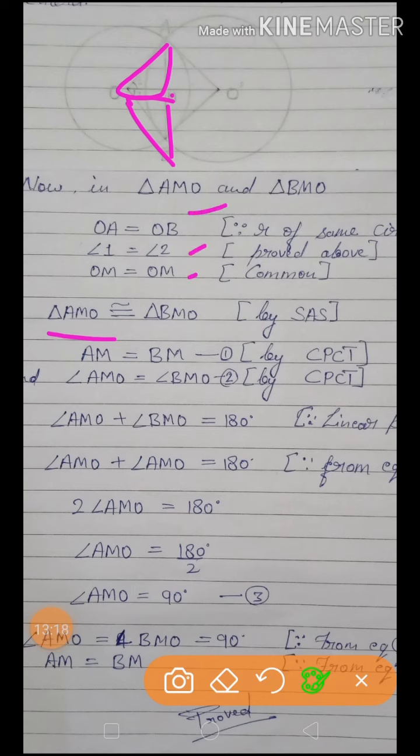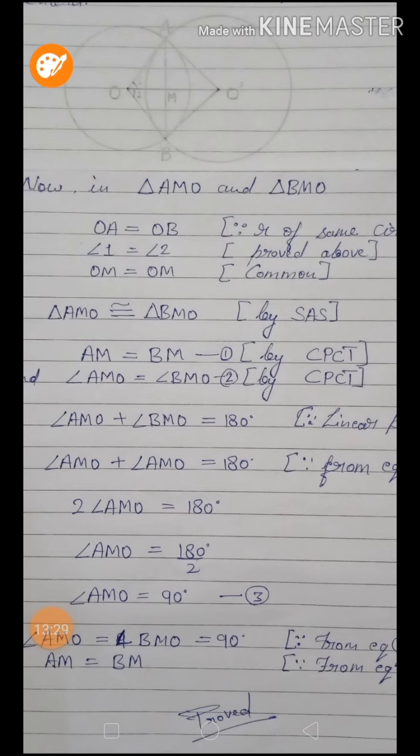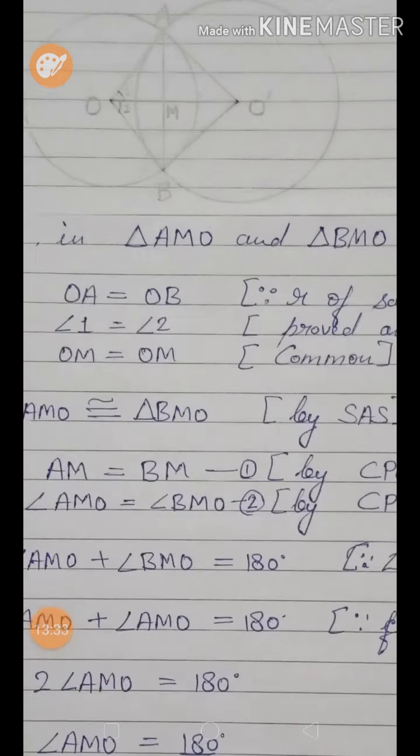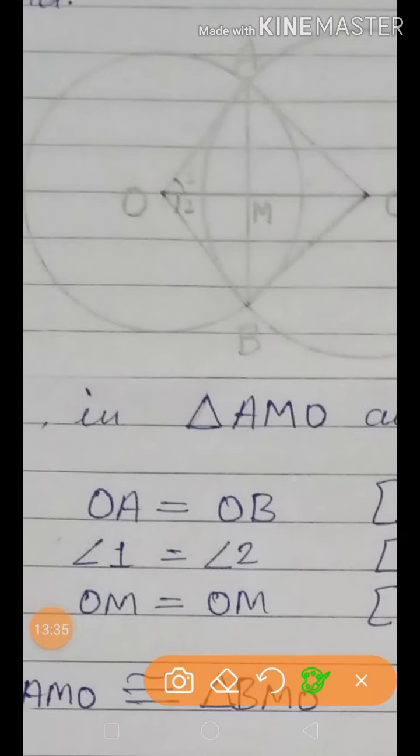Side, angle, side. So we have proved that these two triangles are congruent.